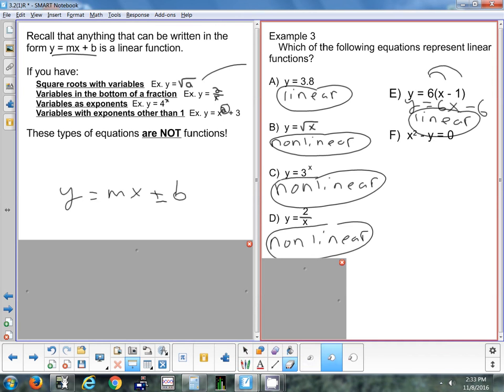Okay, how about the next one? X squared minus y. Why? We have a variable with an exponent other than a 1. Non-linear.